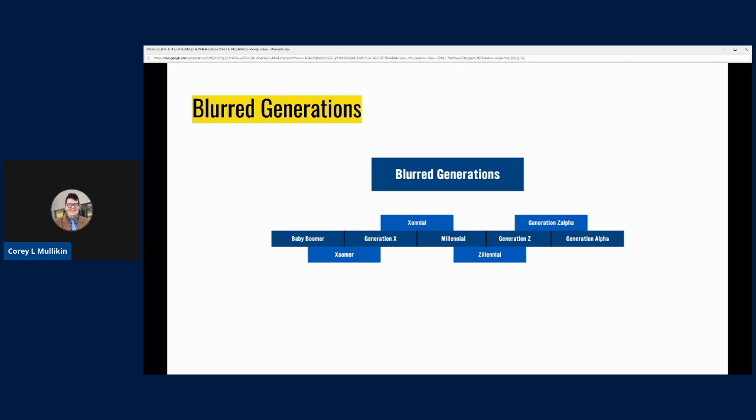So, you have to look at these really weird events, but they noticed that these people were very different than Gen X and Millennial. They had similarities to both. And that's where what started as a joke became reality, and that's called Zillennial. Zillennial is the mixture of Millennial and Gen Z.